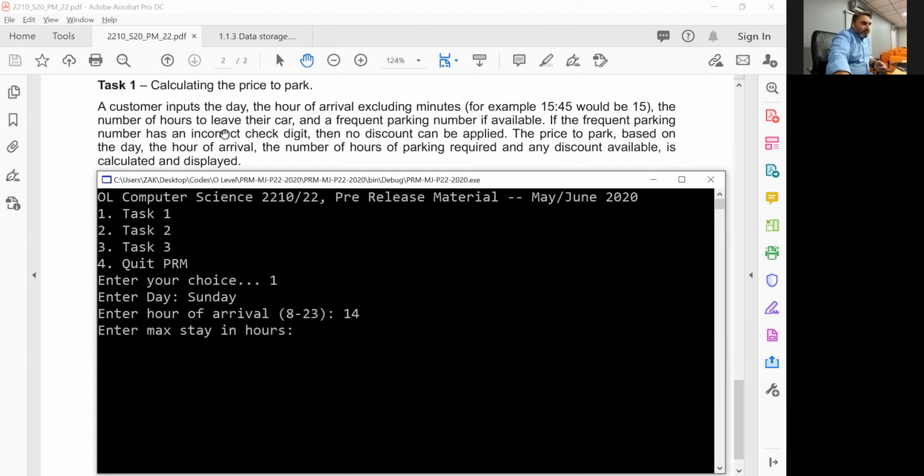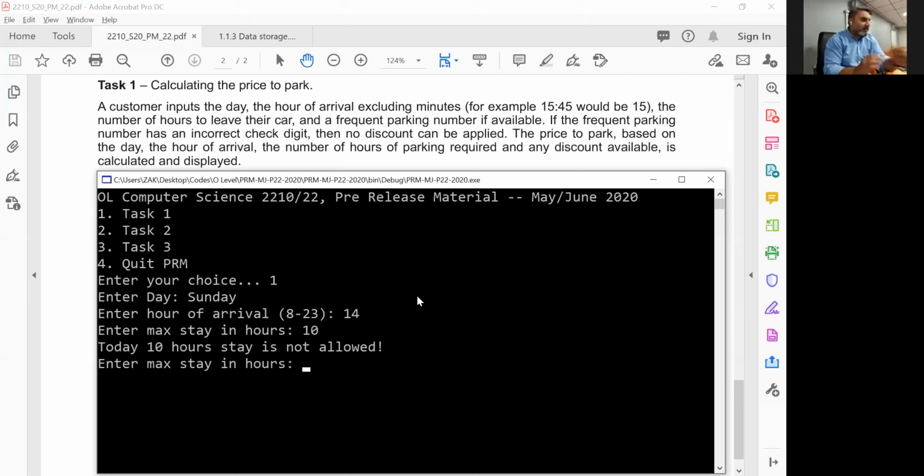Then the number of hours to leave their car. Let's say it is Sunday. It was mentioned that if someone arrives in the first half, they can stay up to 8 hours. So let's enter 10 and see what happens.